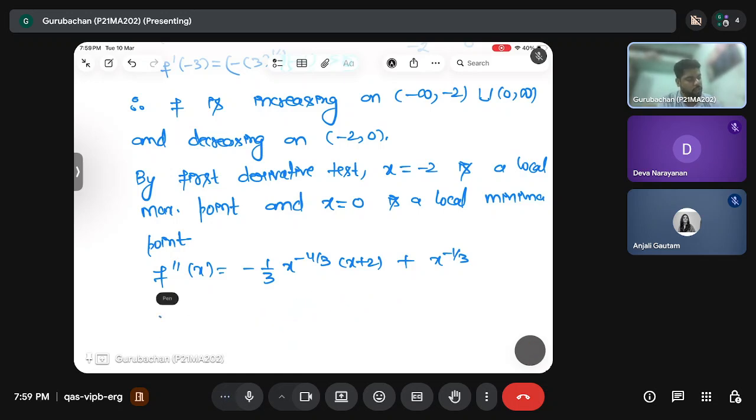We just need to substitute x equal to 0. Obviously x equal to 0 again it will not be defined, so the test will fail at x equal to 0.